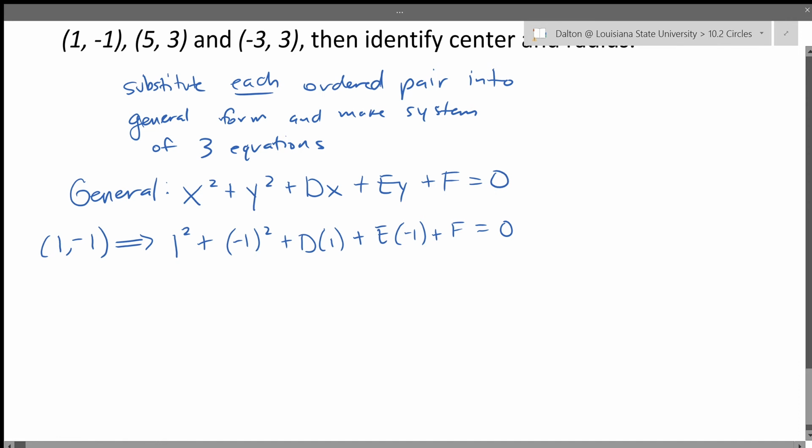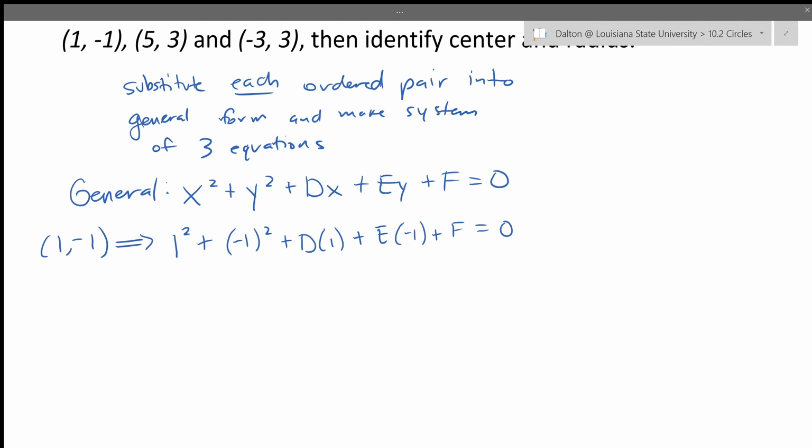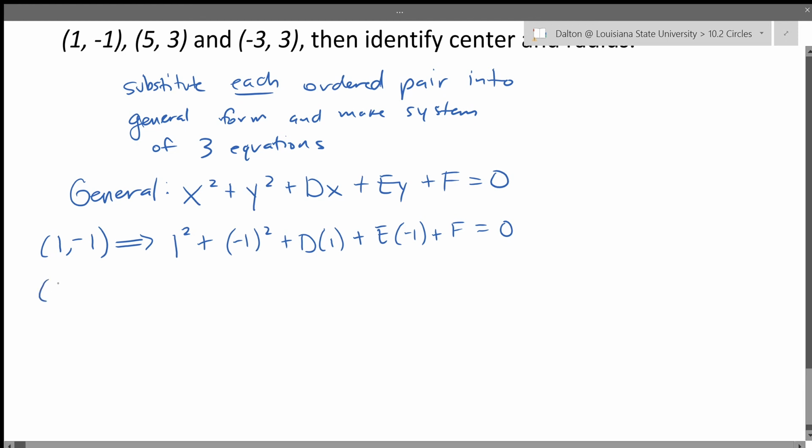And you could keep simplifying this right here. I'm going to kind of simplify all three equations after I plug them all in. So I'm now going to substitute the point in 5, 3. So that implies the equation 5 squared plus 3 squared plus dx will be d times 5 plus ey will be e times 3 plus f equals 0.